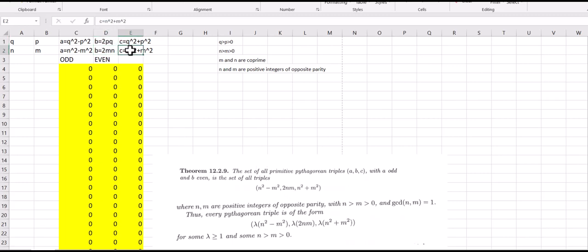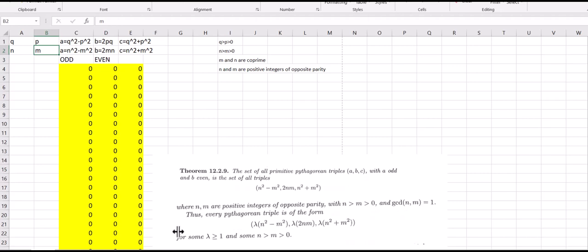And to generate the third element in our Pythagorean triple, that is the value for C, the formula is n squared plus m squared. We're writing our n first before m, since in our formula it says that n is greater than m and m is greater than 0. And we want the GCD of n and m to be equal to 1. We want them to be relatively prime.